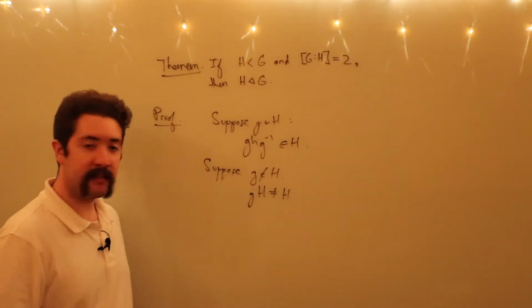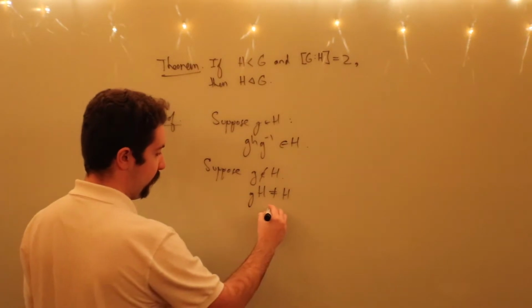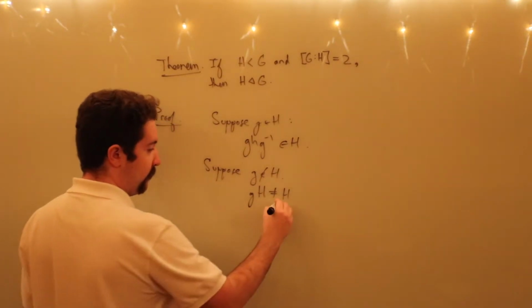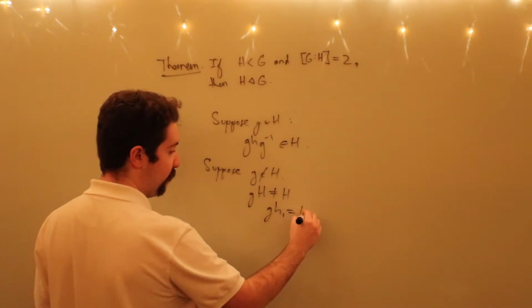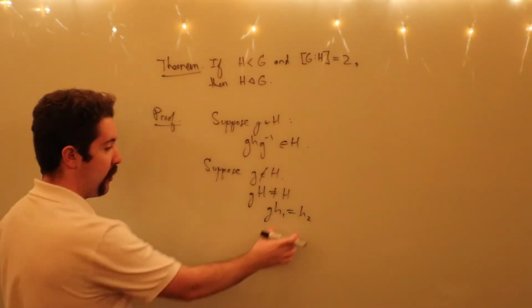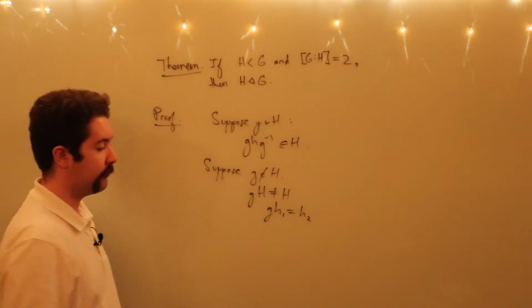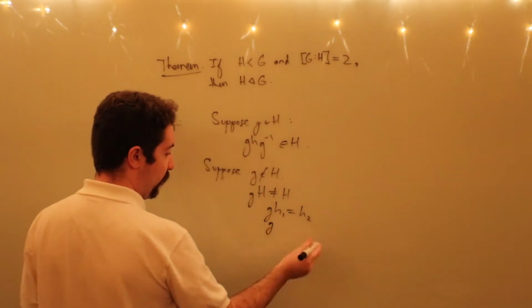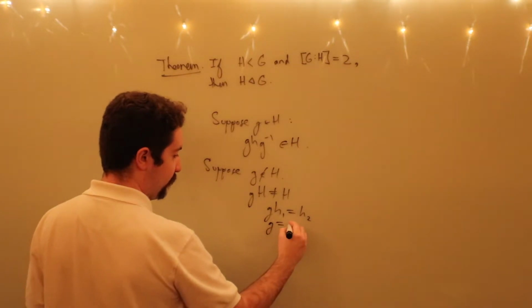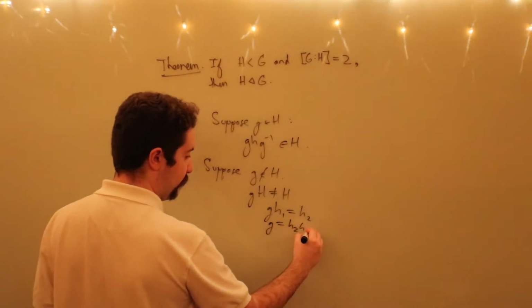Now to see this, all we have to do is take an arbitrary element h1, and if it were true, then this would be equal to h2, where h1 and h2 are in H. Well, since G is a group, we can multiply on the right by h1 inverse and get g is equal to h2 h1 inverse.